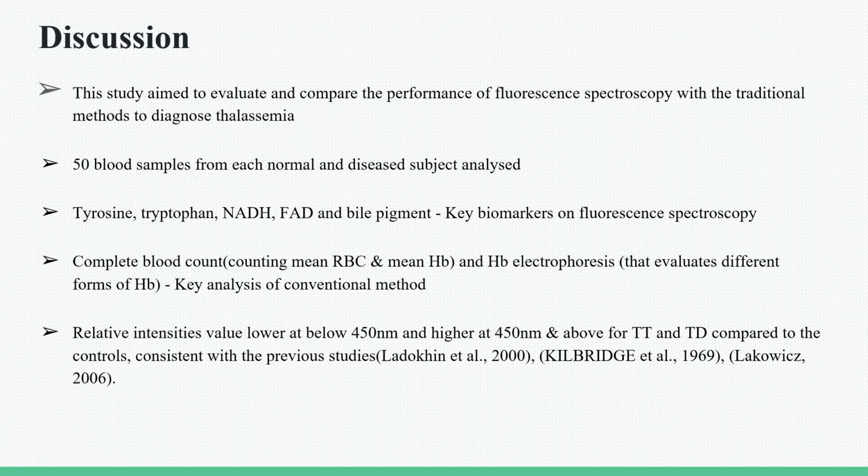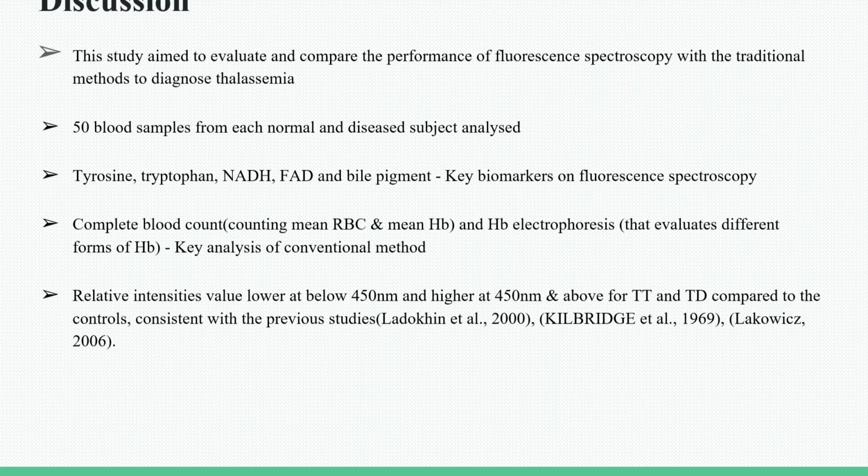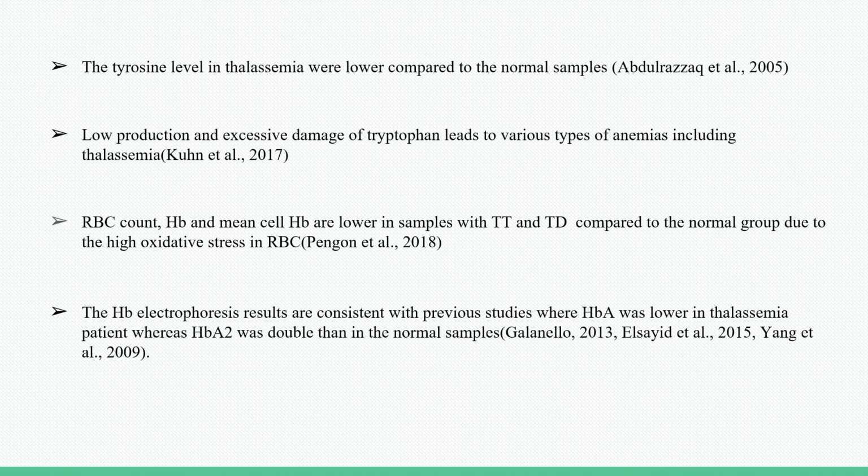And these studies indicated that all those amino acids and the coenzyme biomarkers are engaged in several cellular redox activities. The previous study by Abdul Razak and group found that the tyrosine level in patients with thalassemia were lower compared to the normal samples, also shown on the results section of this presentation, which also supports the findings of this study.